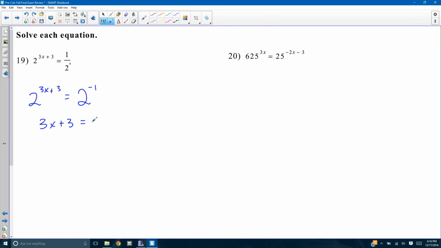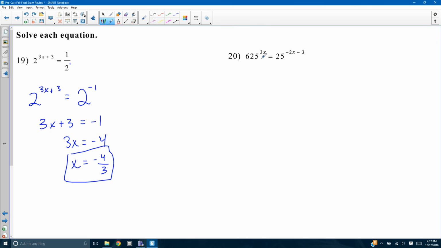If 3x plus 3 is negative 1, subtract 3, divide by 3, we'll get negative 4/3. And apparently that's the value of x that gives you everything that you need there, as you can probably double check.